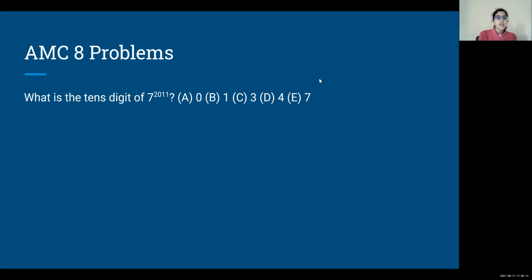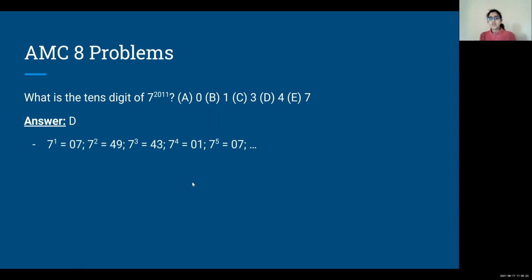So, what is the 10th digit of 7 to the power of 2011? I saw at least 5, 6 answers. The answer was D. As we had found earlier, the pattern was 0440, 0440. When the last digits repeat, that means that whole pattern is going to repeat all over again.